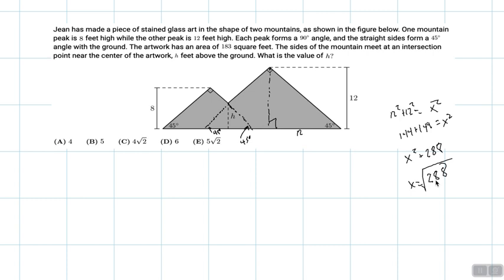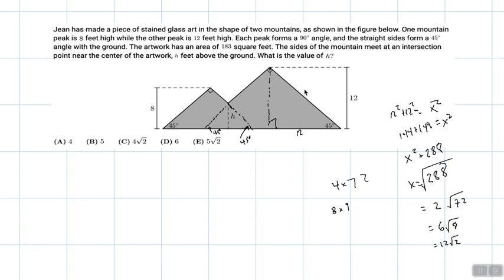288 is 4 times 72, and we can take out 2 times 2 times 2.